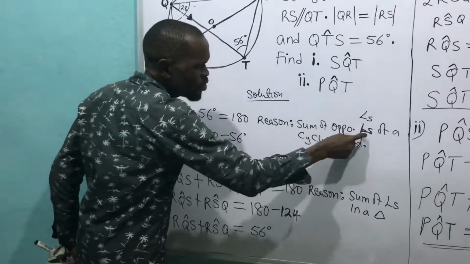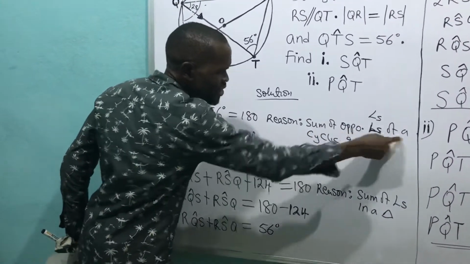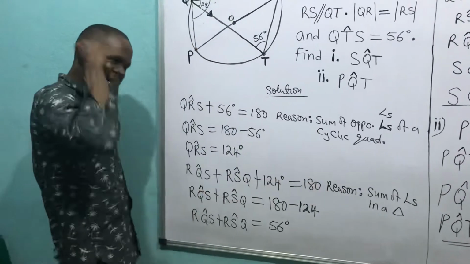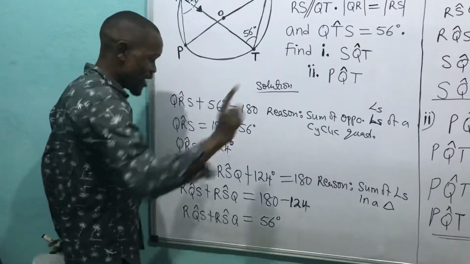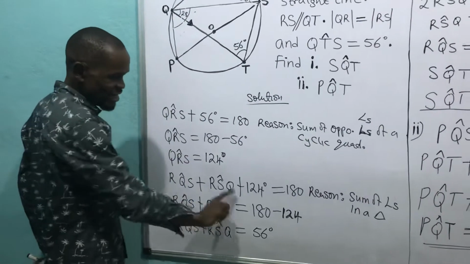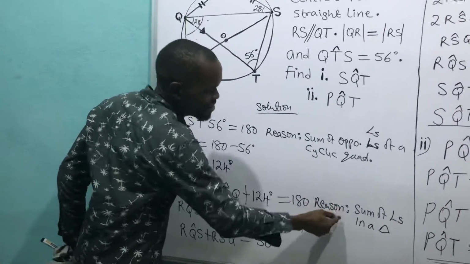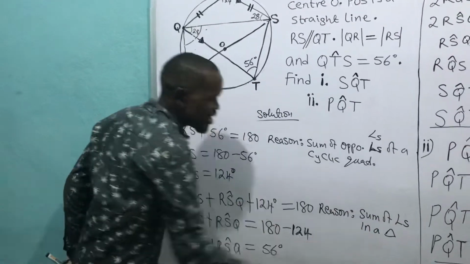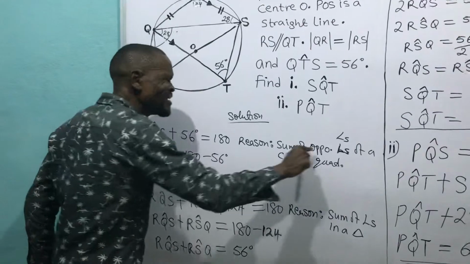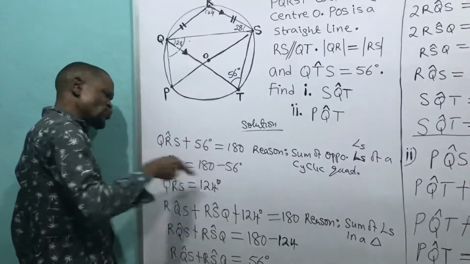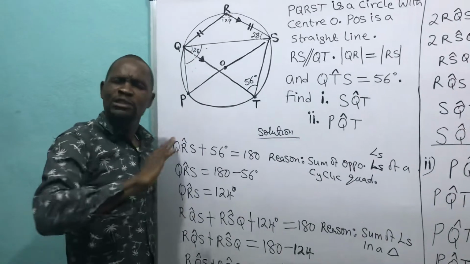Sum of opposite angles of a cyclic quadrilateral. Immediately, the marker, the examiner, will know that you know what we are doing. This and this equals 180, the reason: sum of angles in a triangle. If you are answering a WAEC question and you state this without giving the reason why, what you stated becomes nothing.